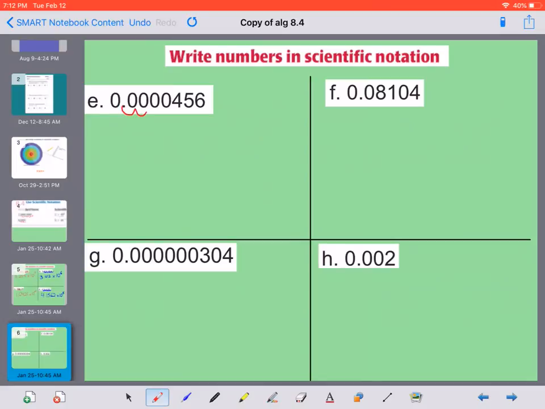So 1, 2, 3, 4, 5. 4.56 is between 1 and 10. So it'll be 4.56 times 10 to the, we jumped 1, 2, 3, 4, 5 spaces. If we went backwards, it becomes a negative, and 5 because we jumped 5 spaces.